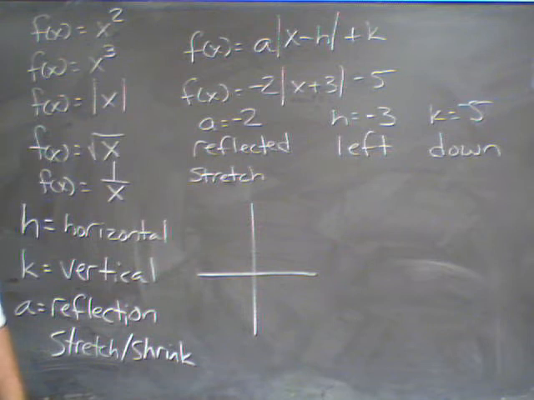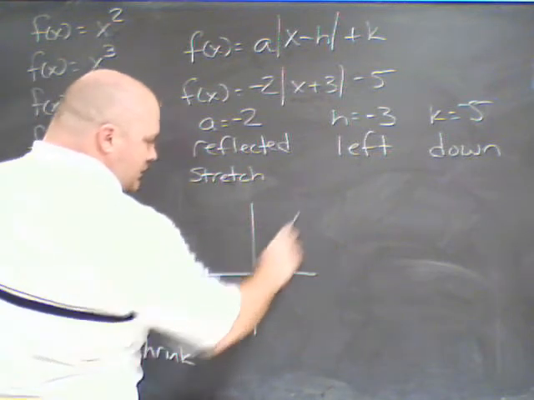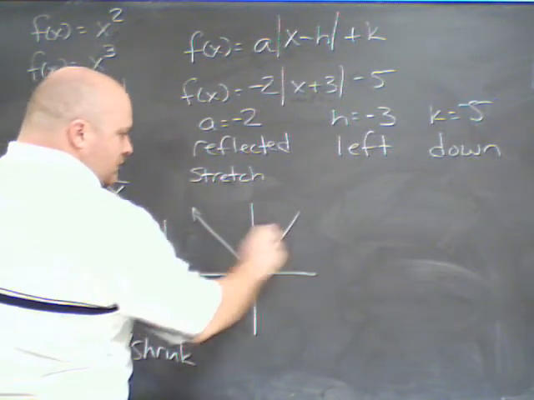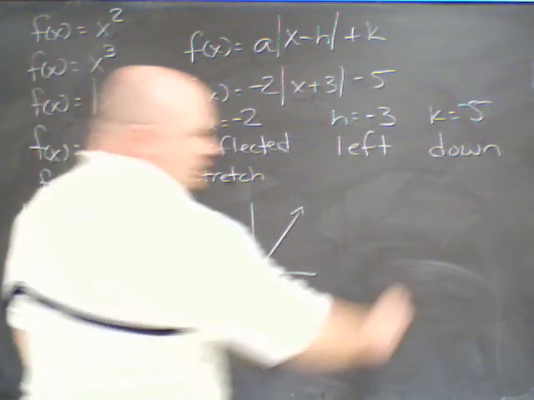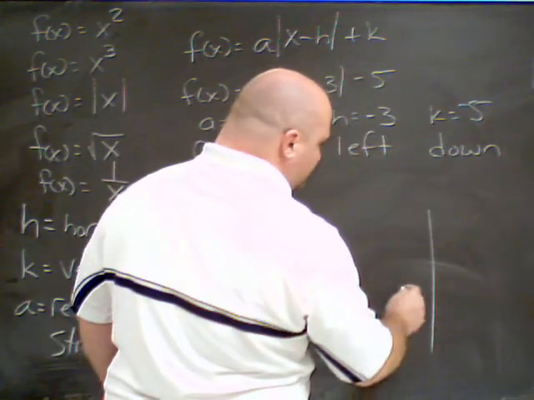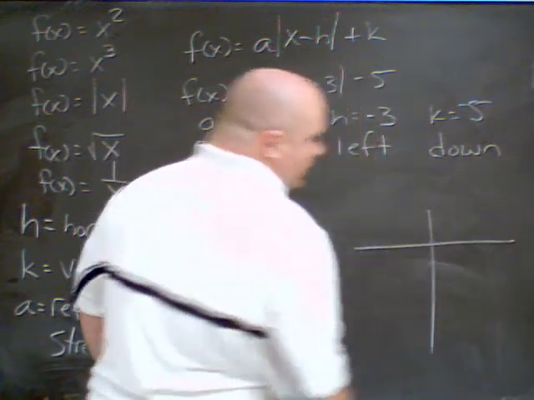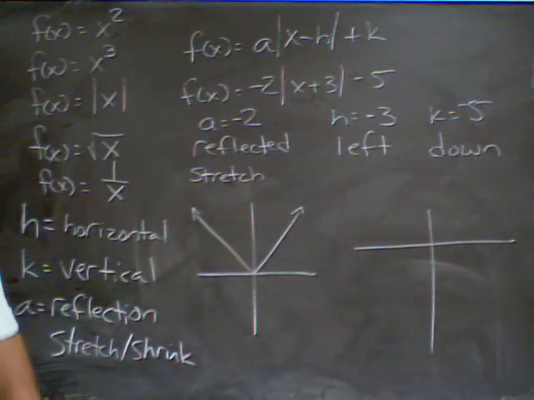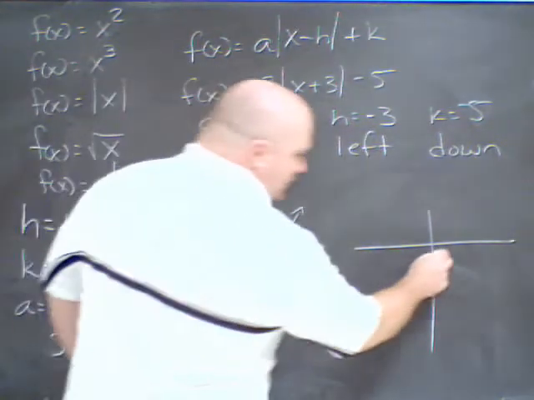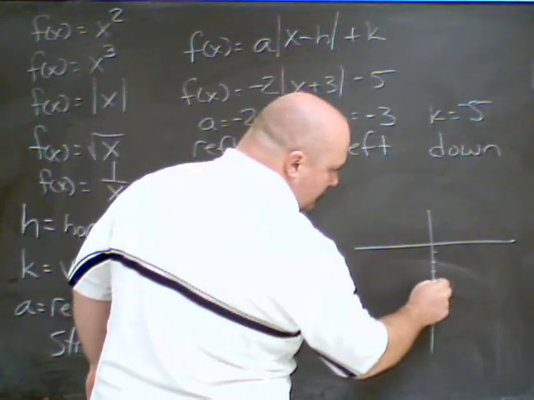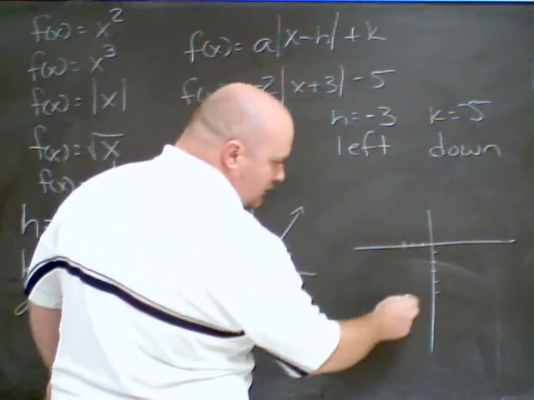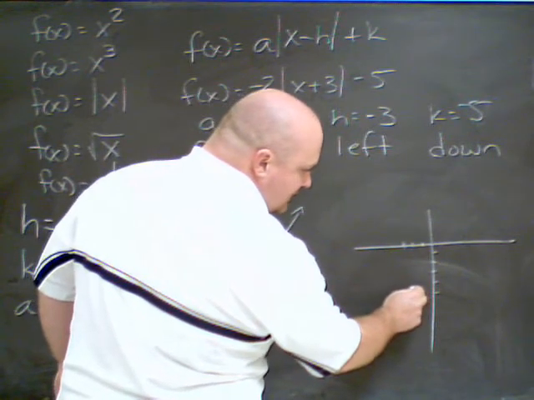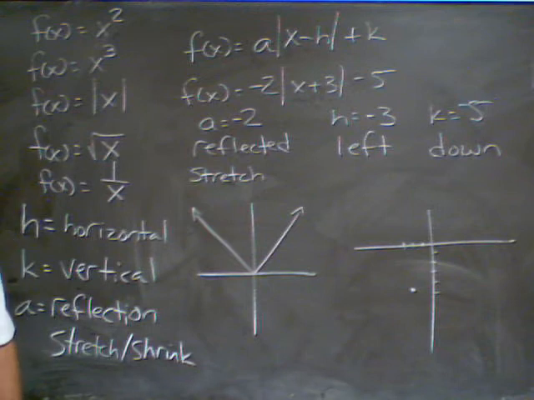So our original absolute value function looks like this. I'm going to go ahead and draw a new one. I'm going to move my origin a little bit. I'm going down 5. And I'm going left 3. So my vertex has now moved.